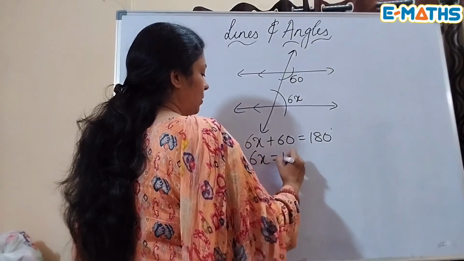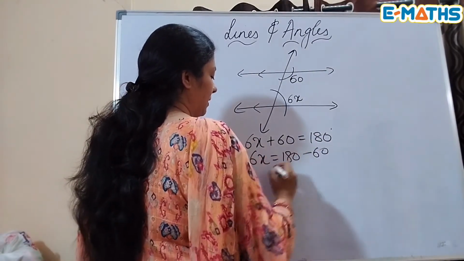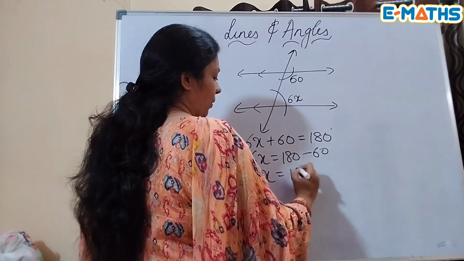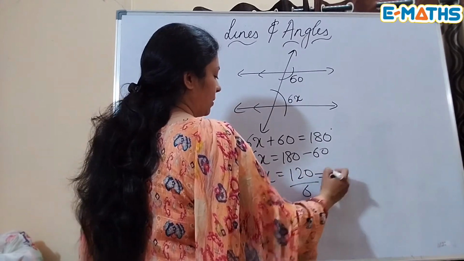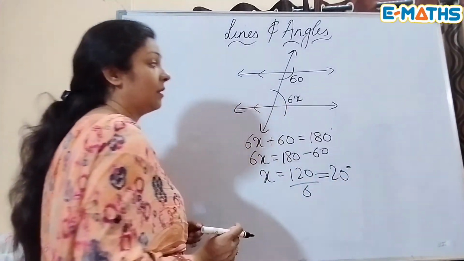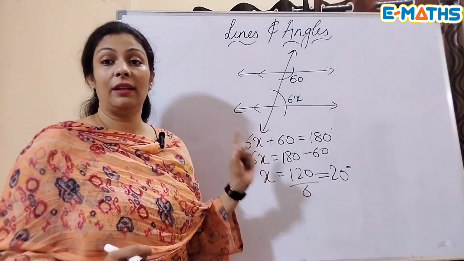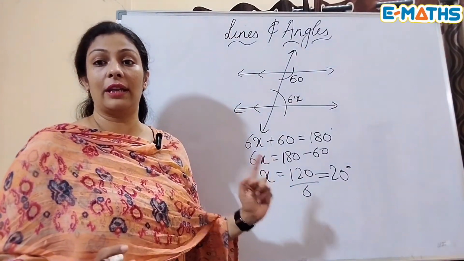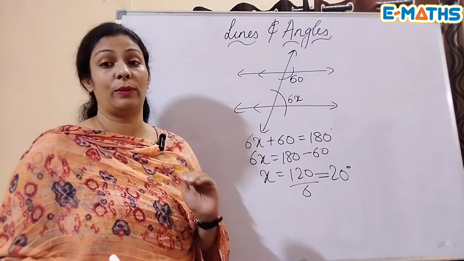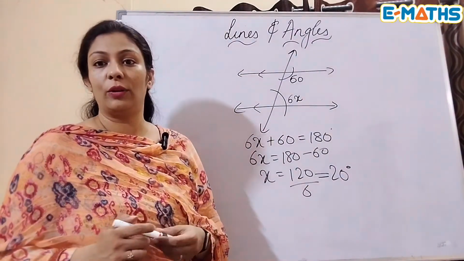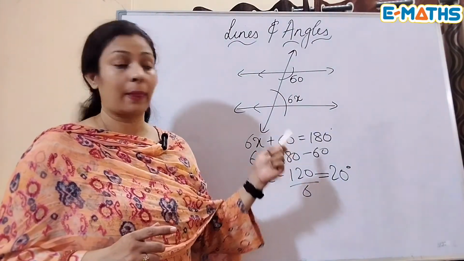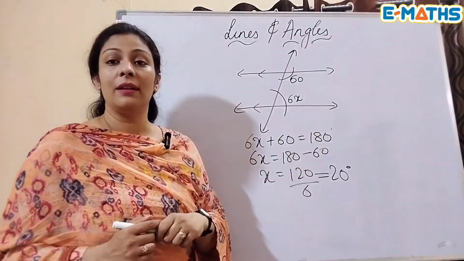So 6x equals 180 minus 60, which gives 120 upon 6 equals 20 degrees. So this is the only pair that is not equal, and this has to be mugged up: you cannot take the two angles as equal, but we can take their sum as 180.